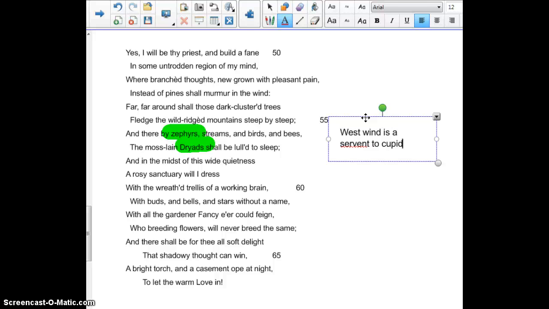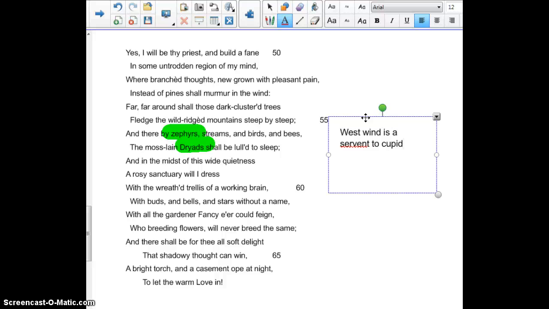So when they were playing discus or frisbee one day, he adjusted the wind so that the discus would knock out Apollo, but the problem was he missed, and instead he hit Hyacinth, and he killed his true love. And Apollo was furious because he loved Hyacinth just as much as Zephyr, so he was scouring the globe looking for Zephyr, and Cupid offered to take him in under his wing, no pun intended, so that they could move on with their lives. And so Zephyr is always servant of Cupid.